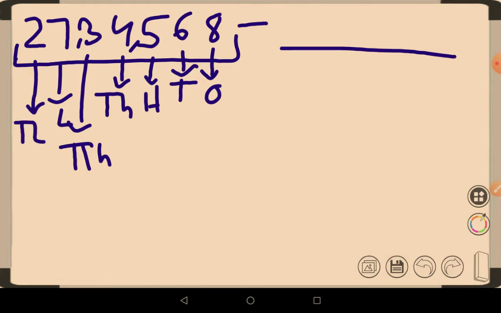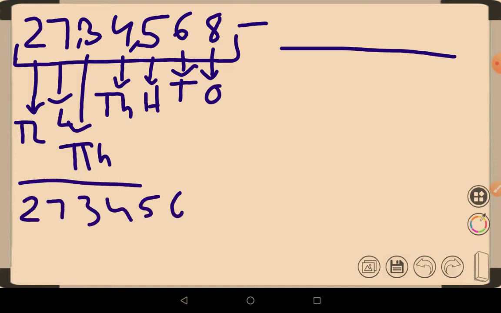Now see carefully, the tens. I will write this number over here: 2, 7, 3, 4, 5, 6. Now, can you tell me the value? 5, 6. So I said 6, which is on the tens.